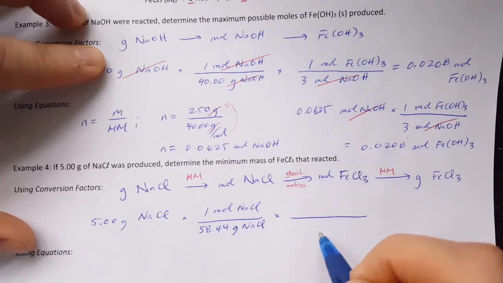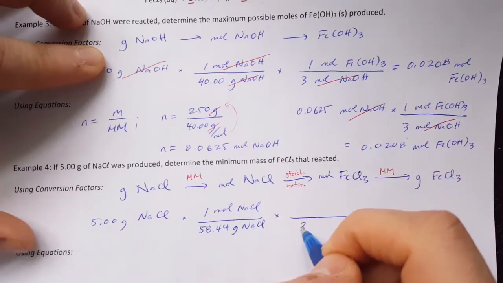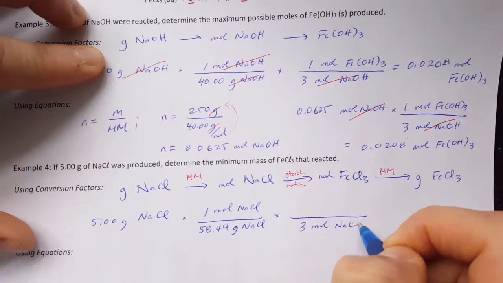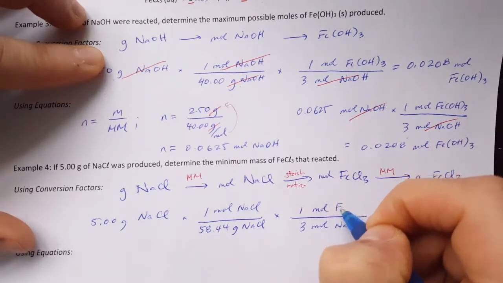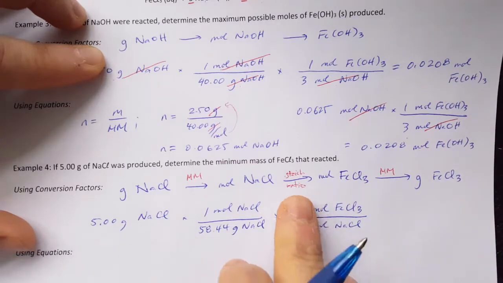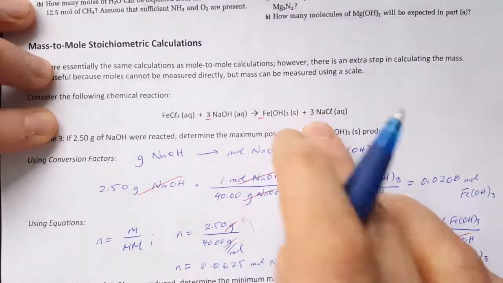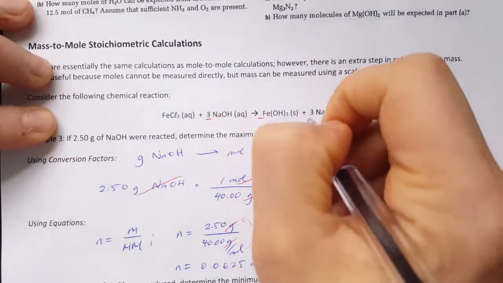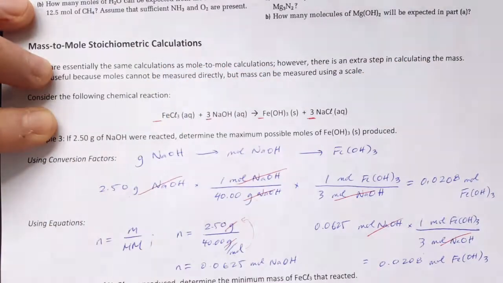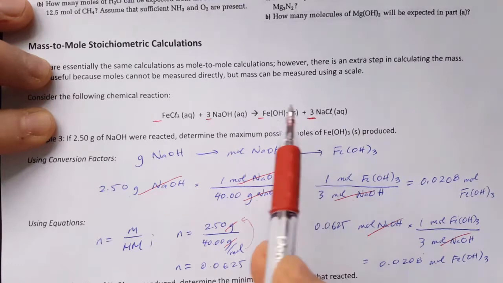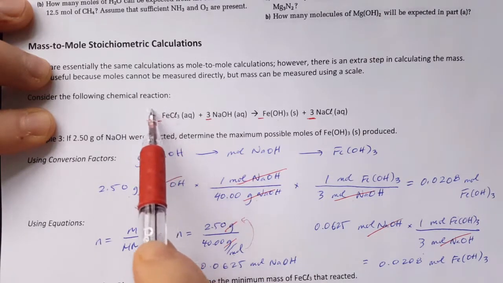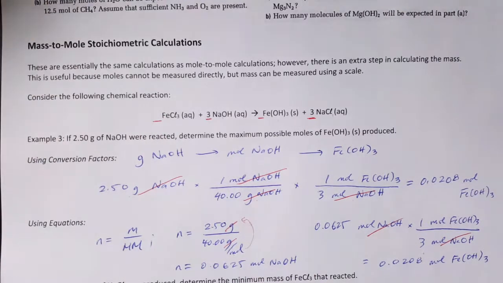Well, 3 moles of sodium chloride produces 1 mole of iron 3 chloride. Again, where am I getting these numbers? Right up here, 3, 2, 1, right? 3 moles of sodium chloride for every 1 mole. Again, no number there, but we know that it's assumed to be 1.